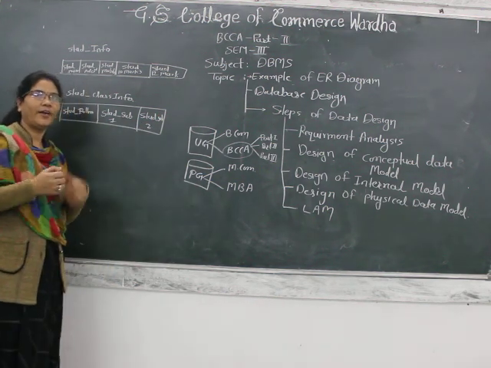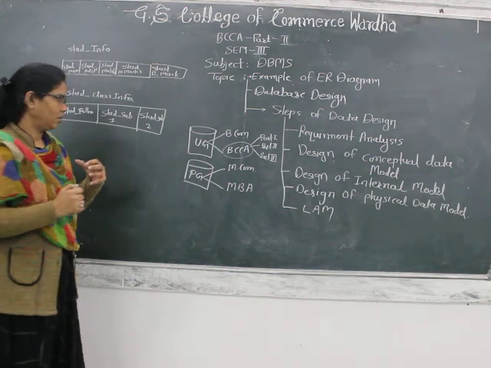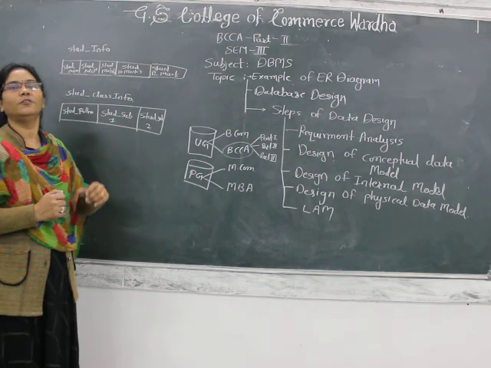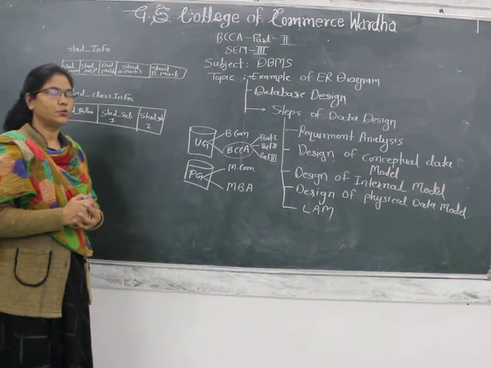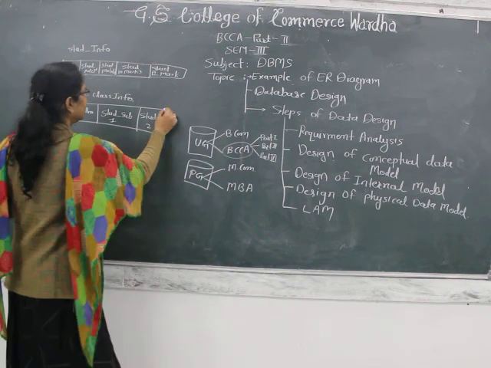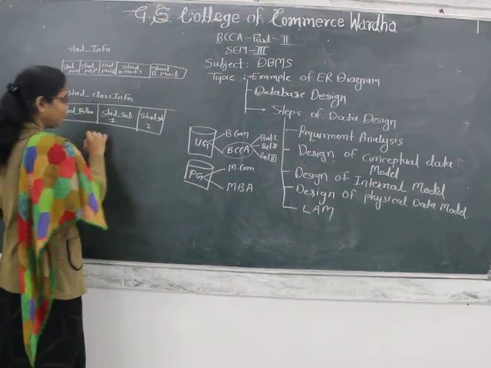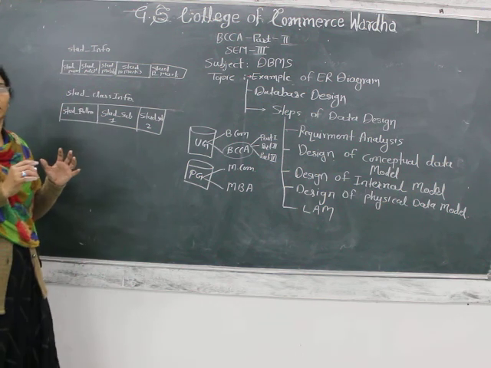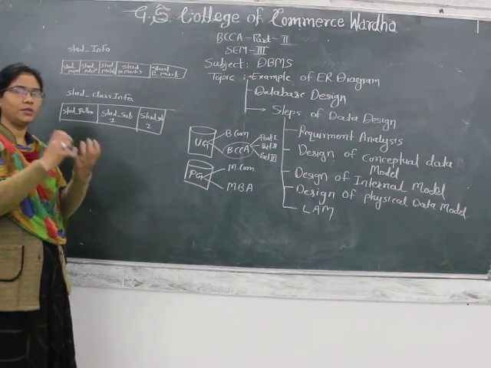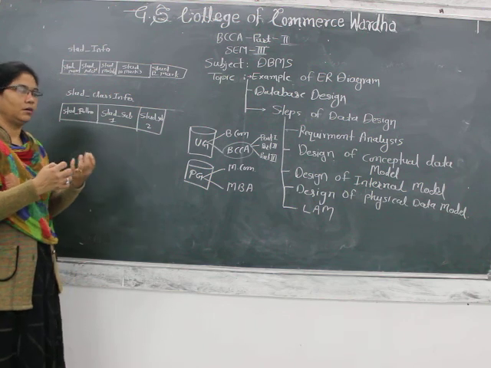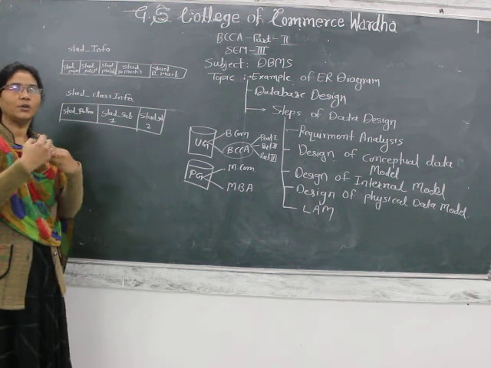If, as a faculty, I am going to store the data of students, I have to insert the class also, because the information about the student is going to be stored according to me.